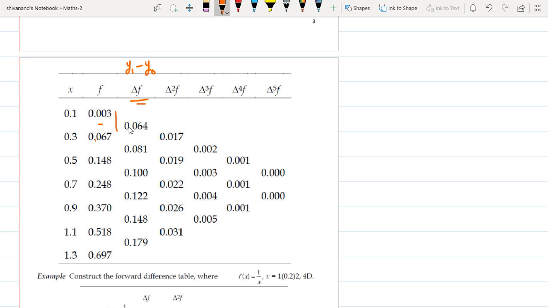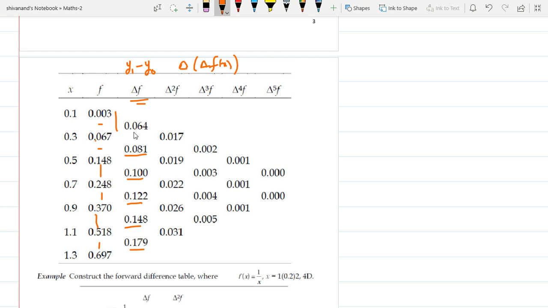So this difference, 0.067 minus 0.003 is 0.064, and this difference 0.148 minus 0.067 is 0.081, and this difference 0.248 minus 0.148 is 0.100, and this difference is 0.122, right? This difference is 0.148, this difference is 0.179. That is what the delta vector is.